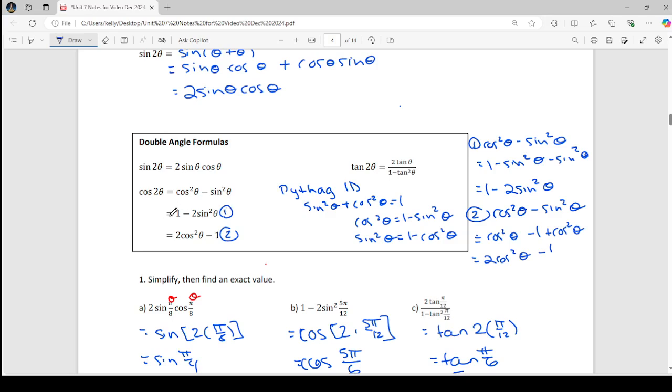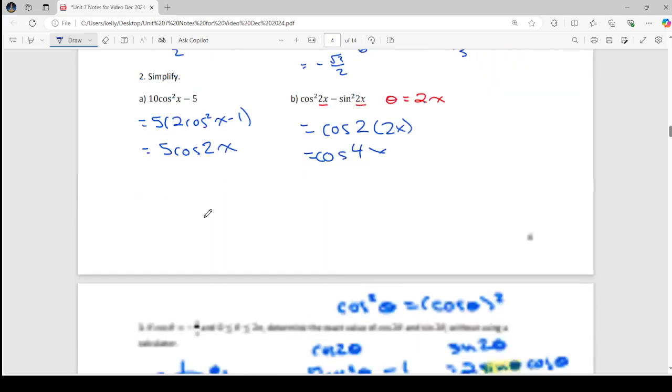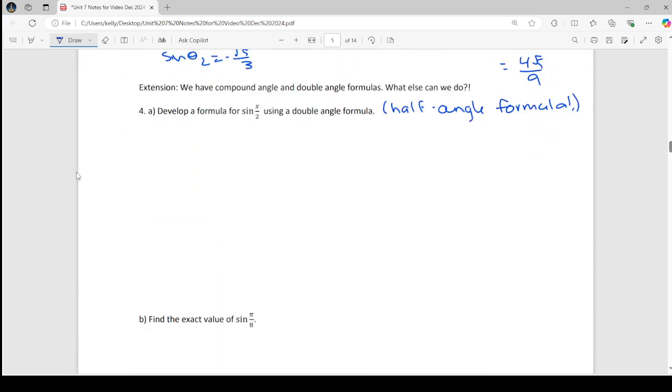Here, this is the only part of a formula that has only sine in it. All the other sides have either sine and cos or just cos. So let's start with that formula. We're going to start with cos 2 theta, 1 minus 2 sine squared theta. So remember, we picked it since we want a formula with sine.